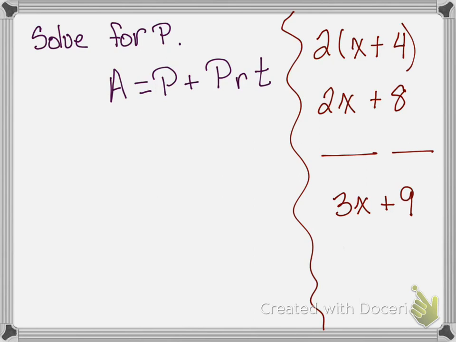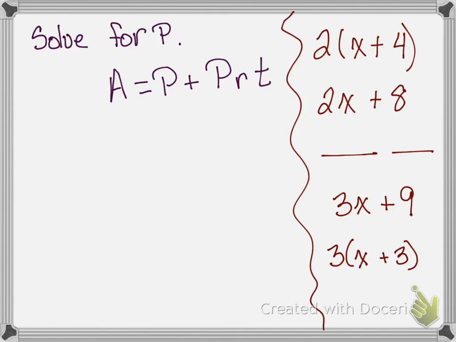Okay. If I pull the 3 out and put it outside the parentheses, what do I have left inside the parentheses? X plus 3. Because 3 times x gives me 3x. And 3 times 3 gives me 9. Okay? So both of these right here, I've used the distributive property to do that.